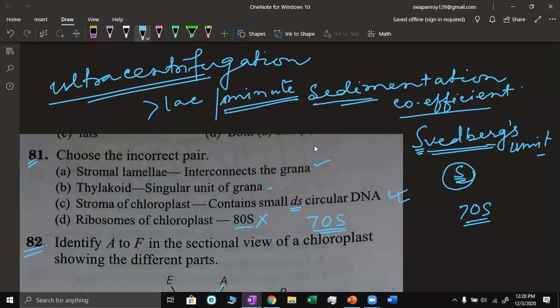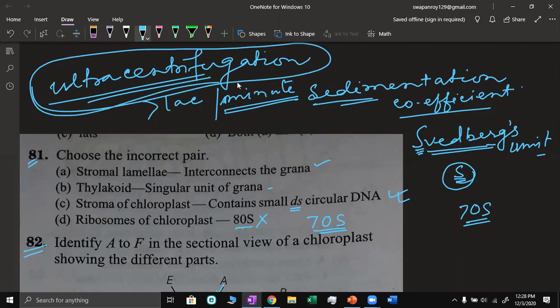The substances having different mass can be separated from the solution. Particularly when cell organelles or different molecules having different molecular mass are separated, they can be separated through this ultracentrifugation.